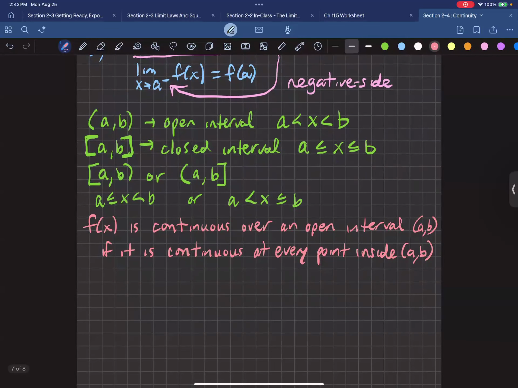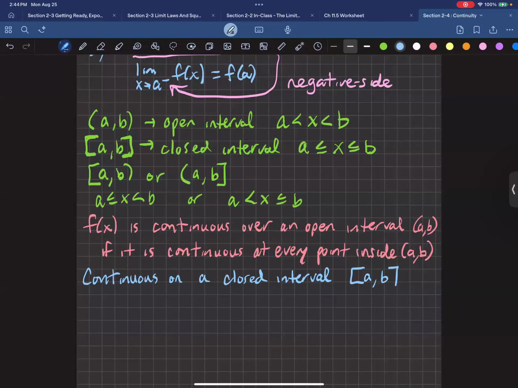And then we're going to say it's continuous on a closed interval. This is where we have the brackets. First off, it has to be continuous everywhere inside, just like the other one.